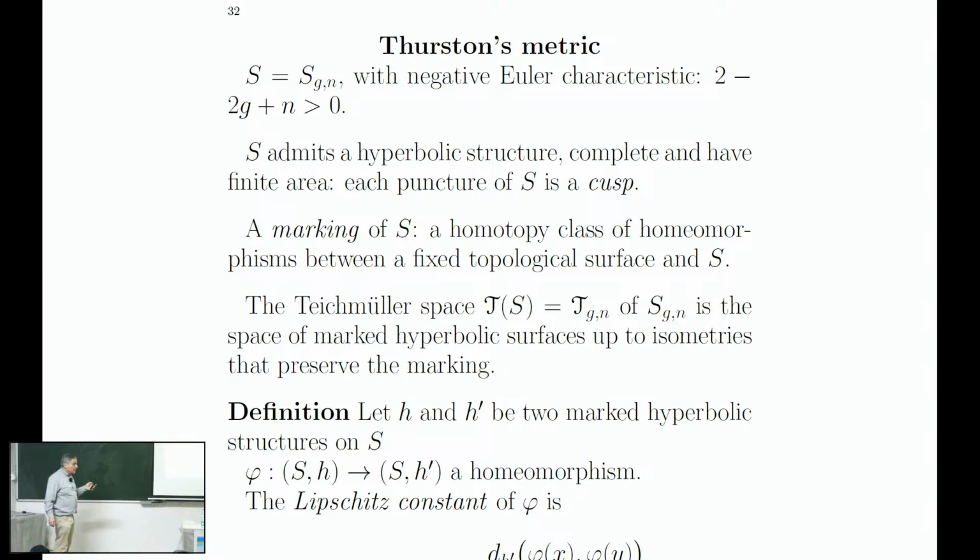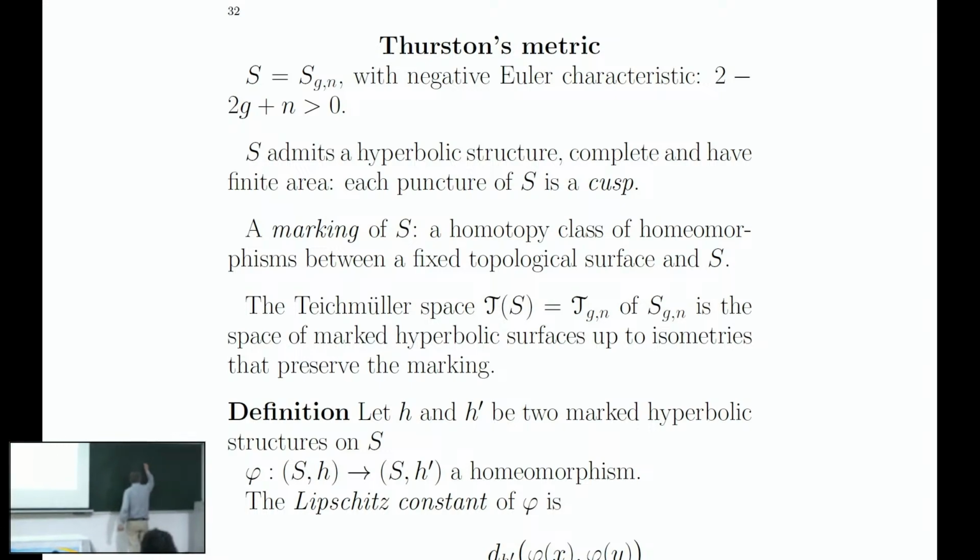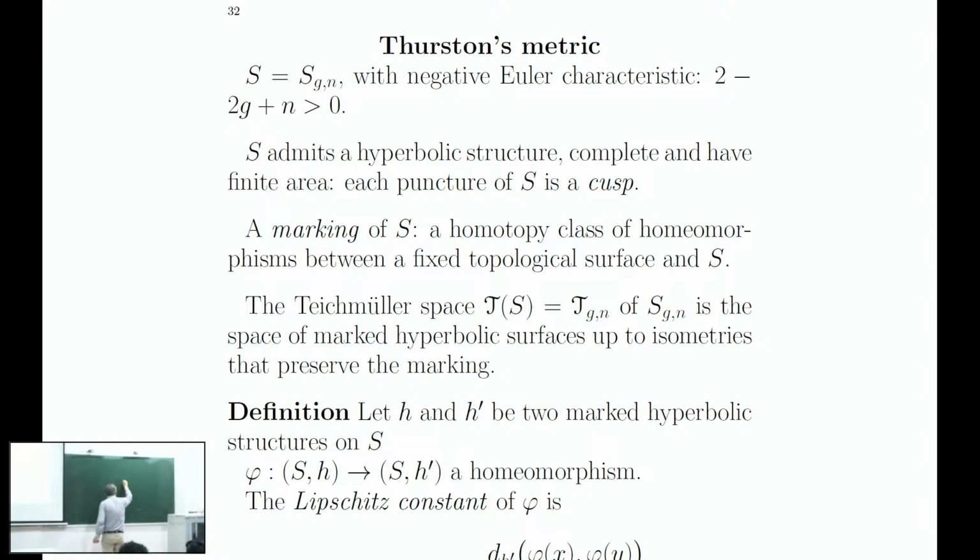There's another, enhanced theory, which is developed for surfaces with boundary. But I didn't have time to talk about this. Let me just say a few words about surfaces with boundary, with geodesic boundary.